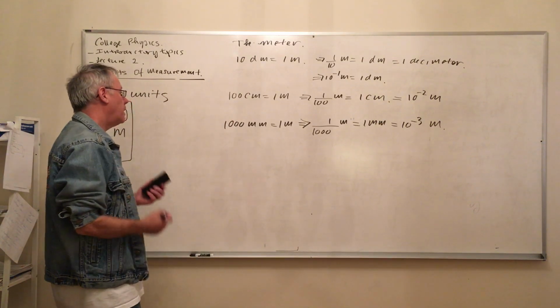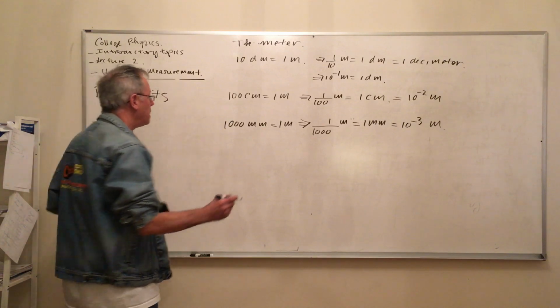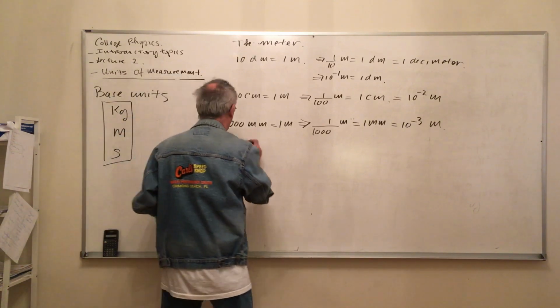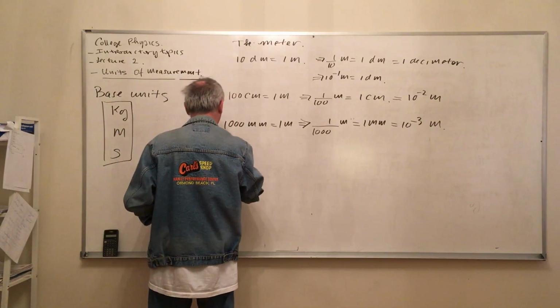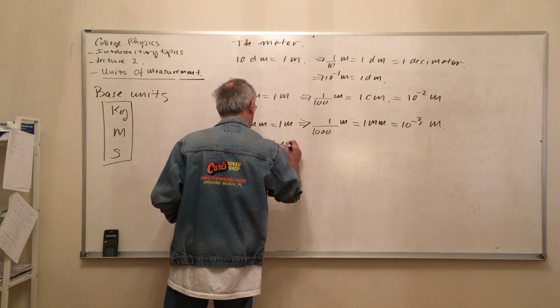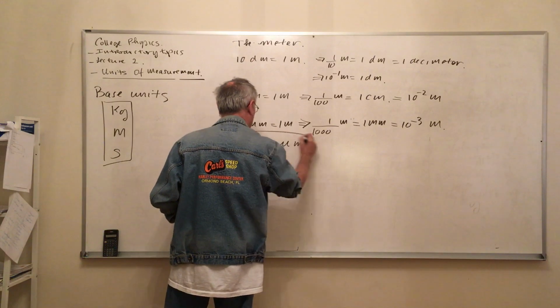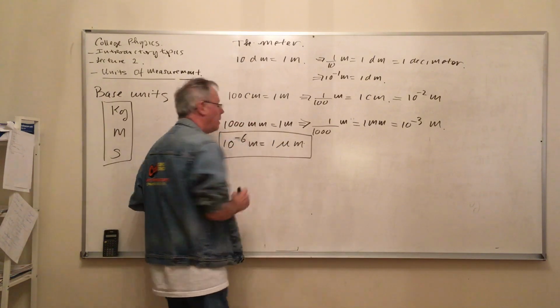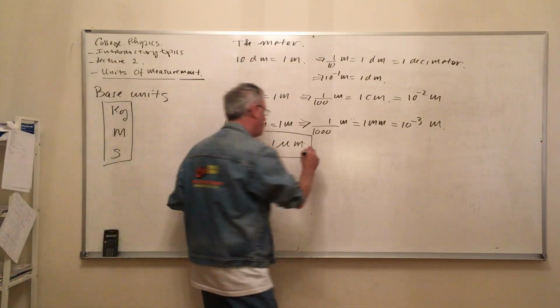Now we could go further, but that's enough. Well, let's just do micrometers. A micrometer is a millionth of a meter.